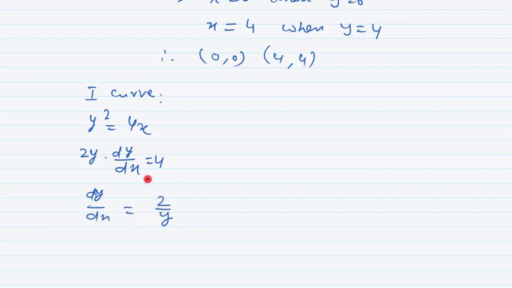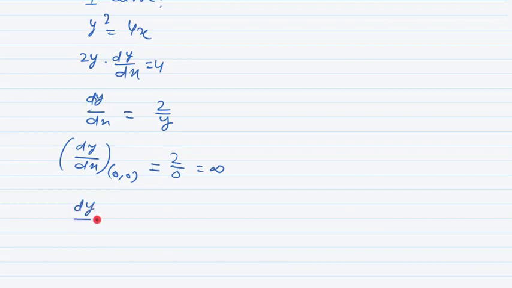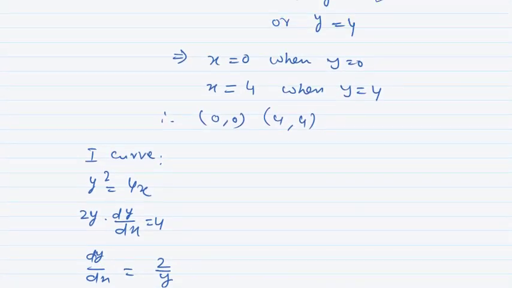So let us calculate this slope at the 2 points. First point, dy upon dx at 0, 0, which is 2 upon 0, clearly infinity. And the next is 4, 4. We get dy upon dx at 4, 4, which is 2 upon 4, meaning 1 upon 2. So these are the two slopes at the 2 points on the first curve.